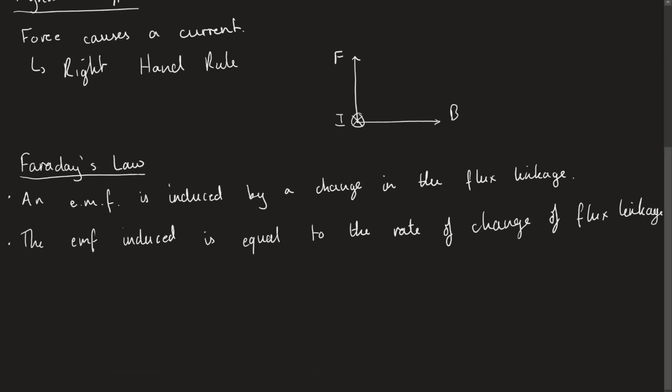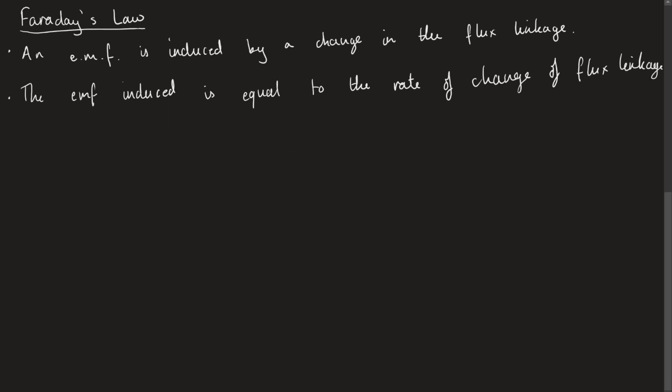Okay, now what we've said before is that we have flux linkage, which I'm going to write in the same way we did last time, which was BAN. I'm going to neglect the cos theta for now. I'm going to assume in this case that theta is equal to 0, in which case we just have the maximum flux linkage.